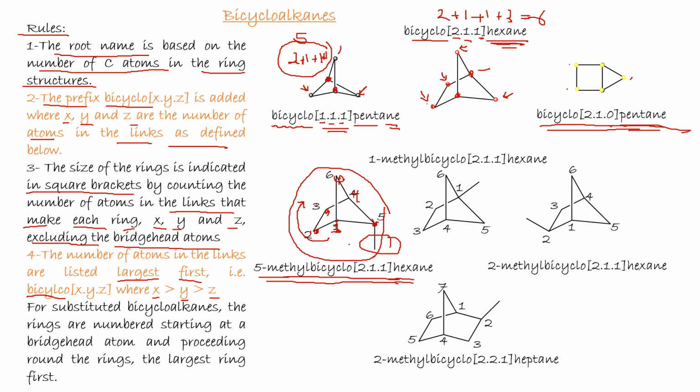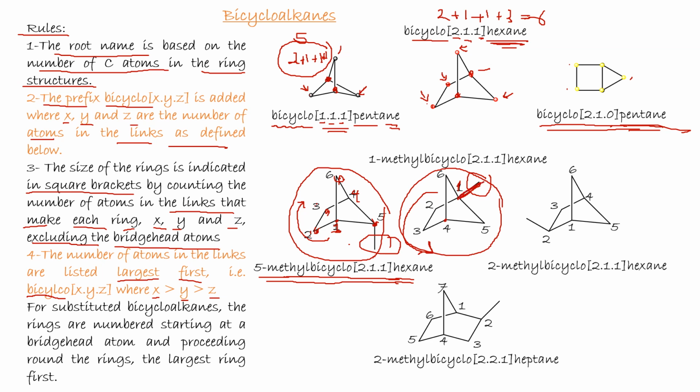What about this one? For this one, we said that we have to start with the bridgehead carbon. Here is 1 and has a substituent. Here could be 1, but we have to start with this, counting the large ring first, and with the lowest number for the substituent.